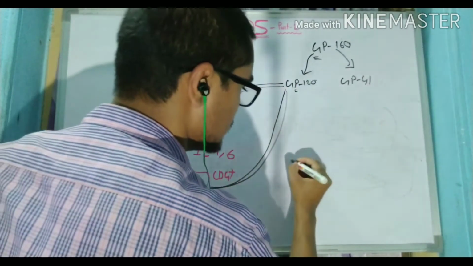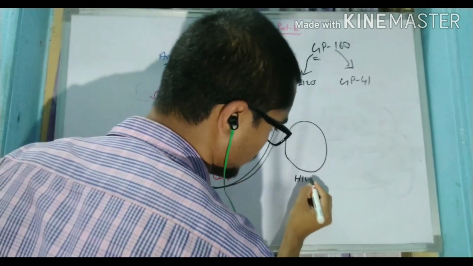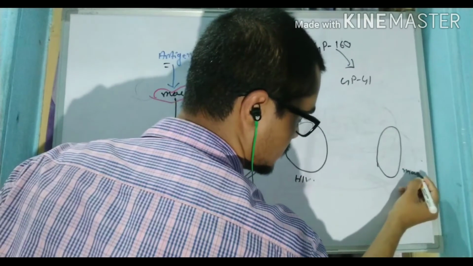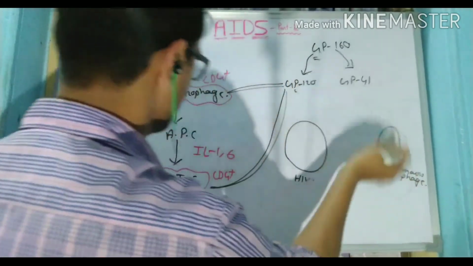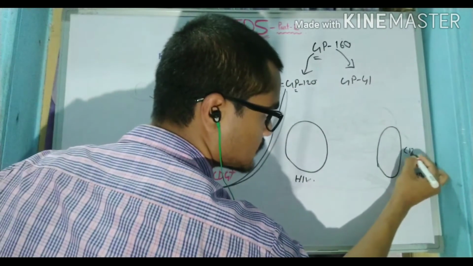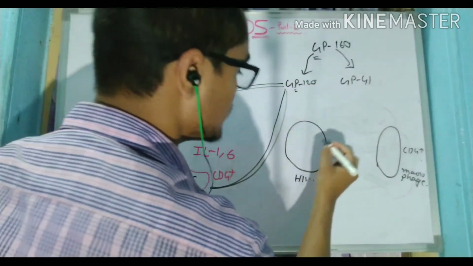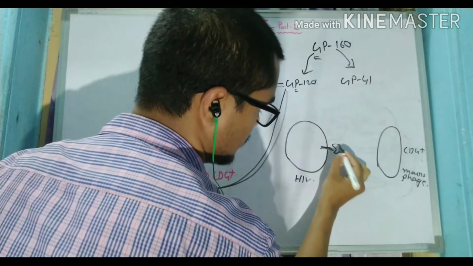Let's suppose this is our HIV virus, and this is the macrophage present inside our human body, which is responsible for the recognition of the antigen. The macrophage has the special characteristic of the CD4 plus receptor, and the HIV has a special protein, GP160.